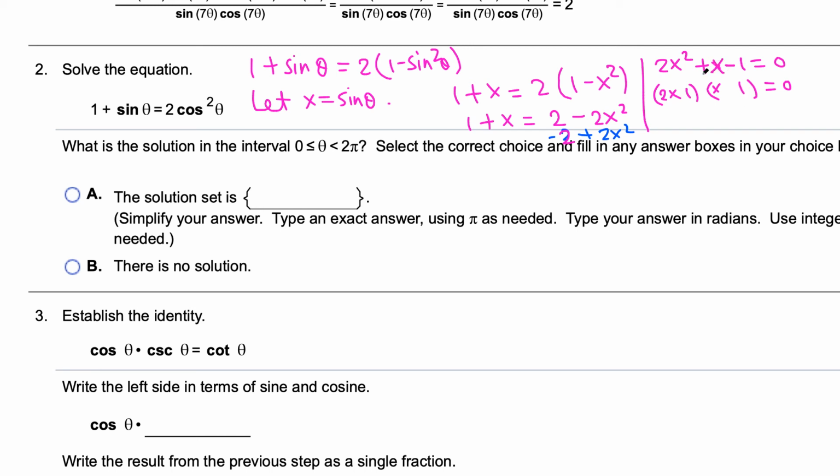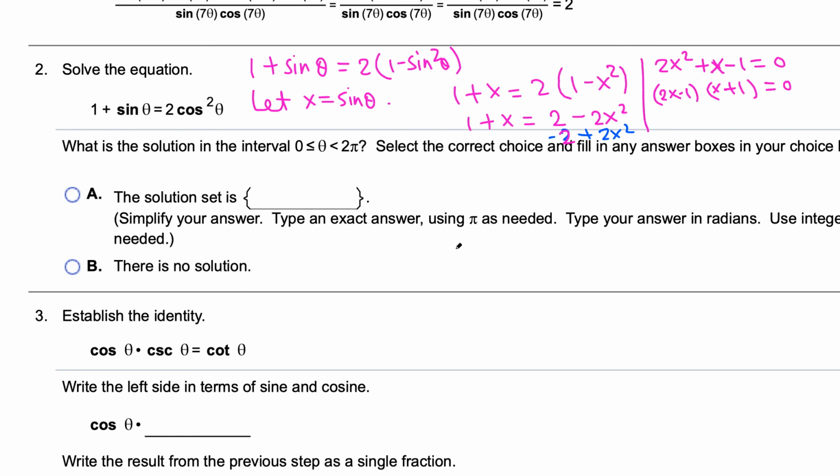Now to get plus in the middle, since it's negative 1, one of them should be negative. So to get plus, we have to have plus here, because when we multiply 2x times 1 plus 1, that's plus 2x, and this makes this negative sign. X times negative 1 is negative x, and plus 2x minus x is plus x. You can FOIL and check. This is good factoring.